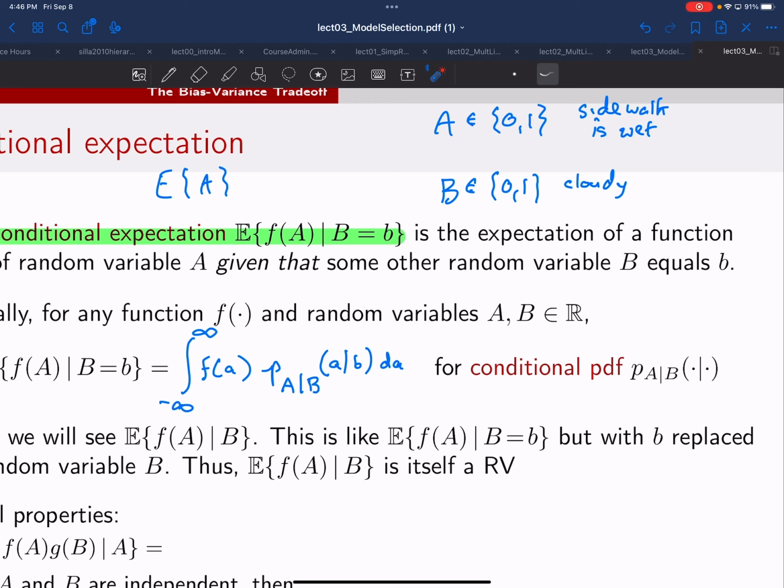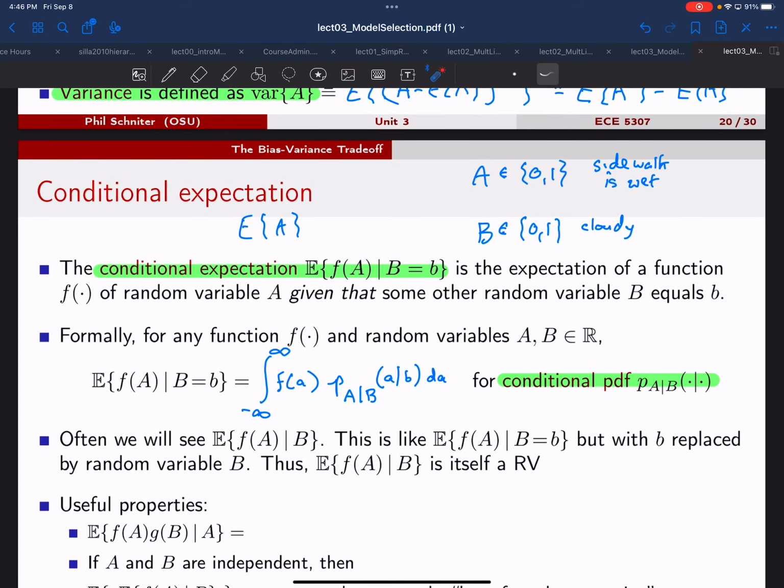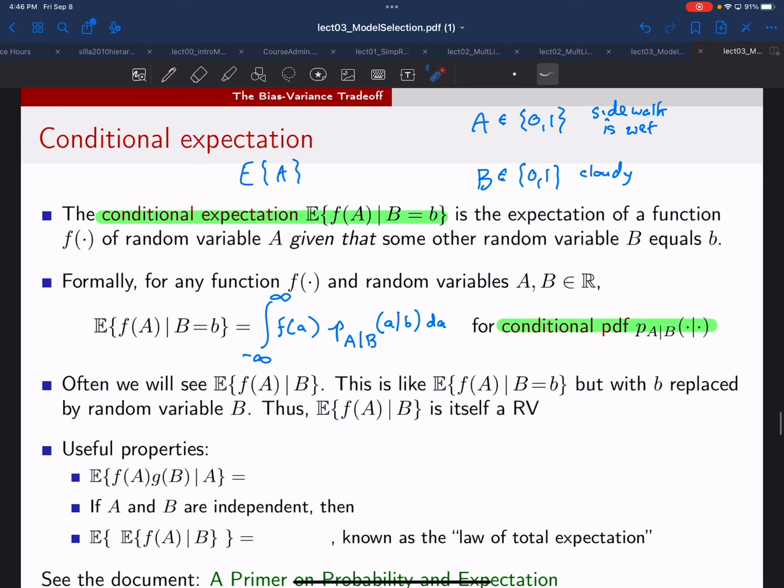We could also do the version of this with the sum instead of the integral, but that's essentially how this is built. It's very much the same as expectation. The only difference is you put in the conditional PDF rather than the non-conditional PDF. And with this, you can prove just about anything you want to prove about conditional expectation.